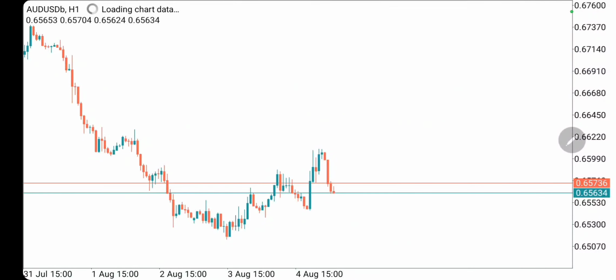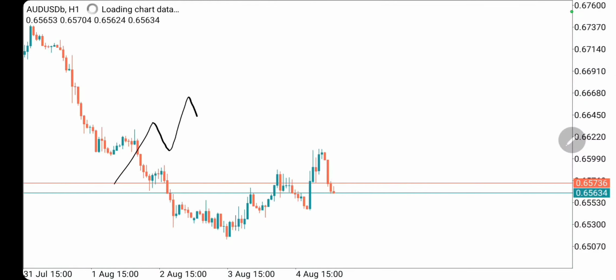Now, there are two ways you can get into a trade when you are trading supply and demand zones. But first, let's explain what a supply zone is. A supply zone is a zone from which we sell.